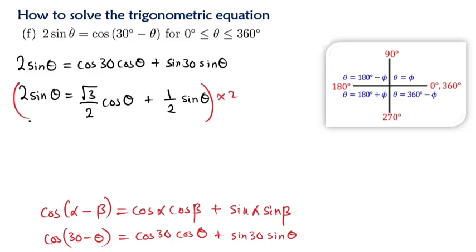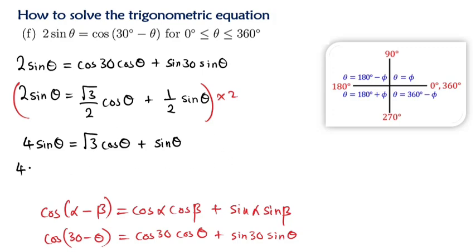So if I multiply the entire equation by 2, I'll have something like 4 sine theta is equal to, so these 2 cancel, leaving us with √3 cos theta. Same thing here, these 2 cancel, leaving us with sine only. So we have this. Now let me push everything to one side.